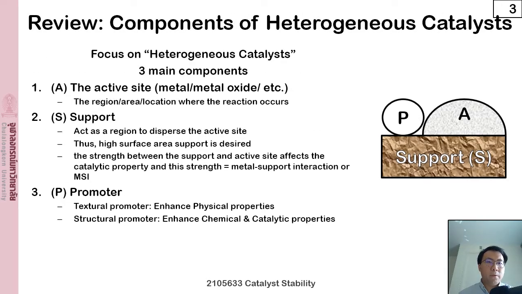So let's review the components of heterogeneous catalyst. As we learned last lecture, heterogeneous catalysts have three main components. The first part is the active site, then we have the support and the promoter. The active site can be metal, metal oxide, metal sulfide, and so on.